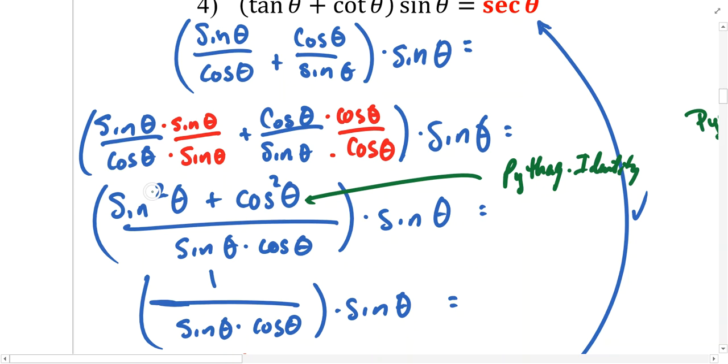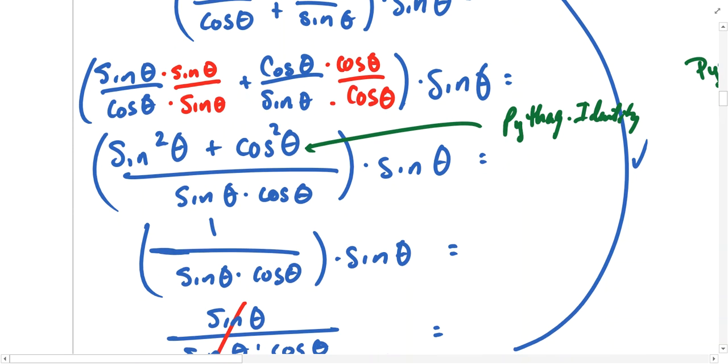That's going to leave us with sine squared in the top of this fraction on the left. Similarly, here I'm going to multiply by cosine over cosine, which leaves us with cosine squared on the top of that fraction. Both denominators are now the same, sine times cosine or cosine times sine, depending on how you want to look at it. Either way is fine.